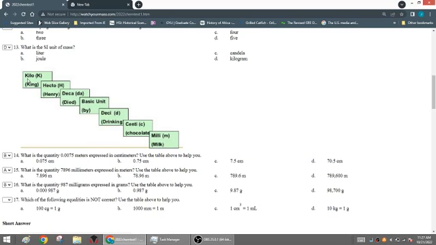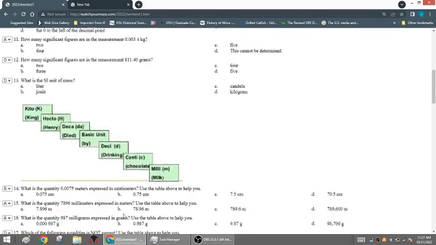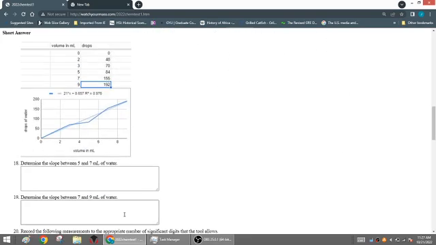And if we were to walk down 1, 2, 3, moving our decimal 3 places to the right would give us 10,000 grams. Taking 10 kilograms, moving the 3 decimals to the right, 1, 2, 3, that would give us 10,000 grams. And obviously they didn't write that there. So D is the wrong answer. Okay, so that's the reasoning for all that.